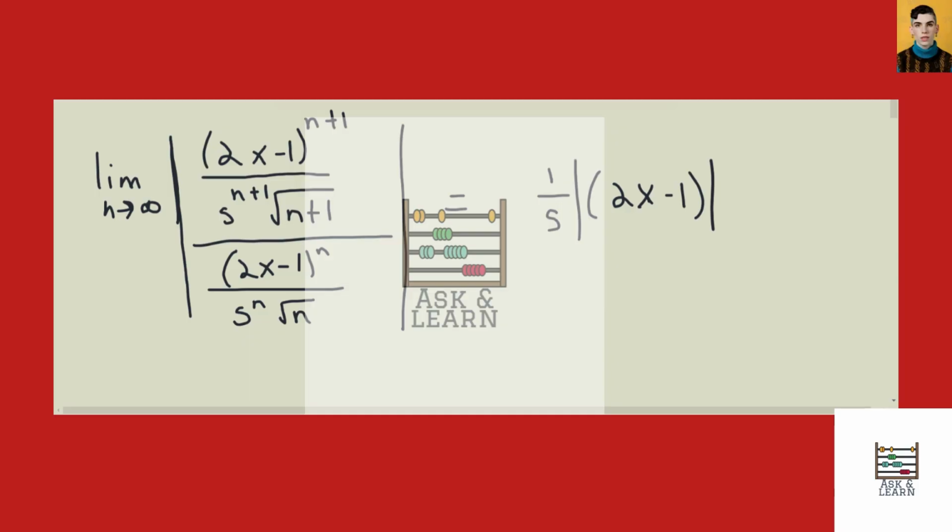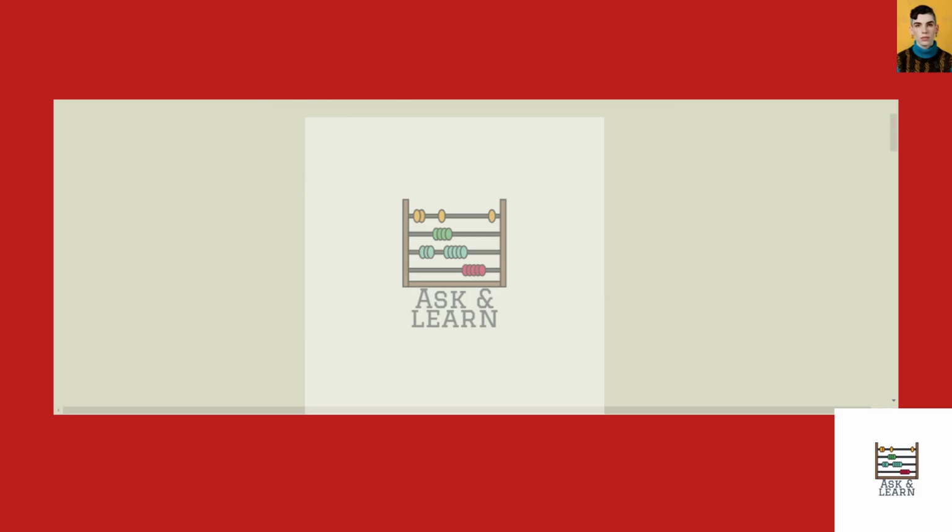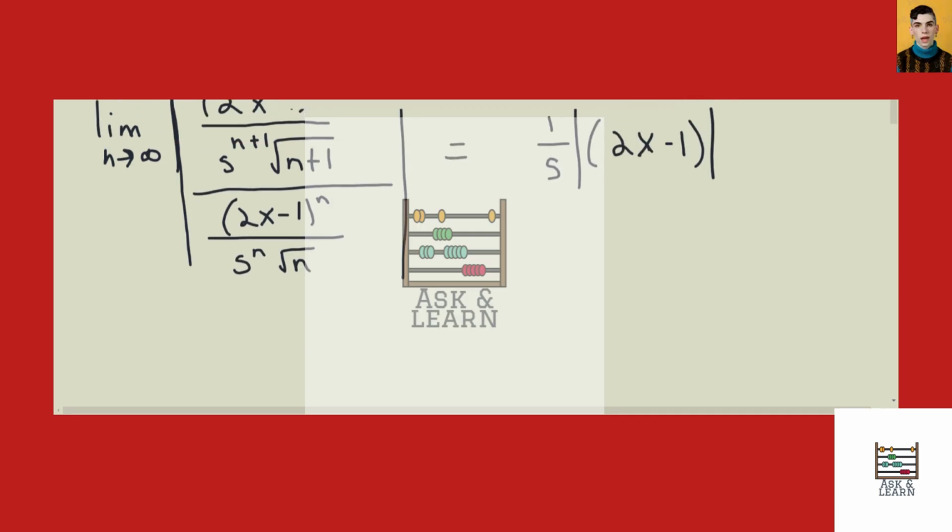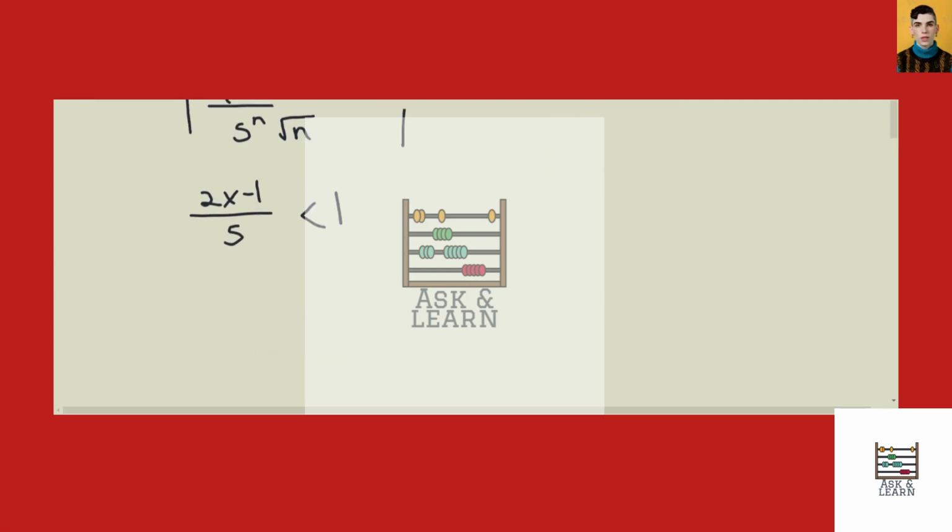Okay, now once you get that value, you're going to use the ratio test, and you're going to see whether or not this is less than 1. So you would take your 2x minus 1 over 5, and determine whether or not it's less than 1. First you solve this inequality by multiplying 5 on both sides.